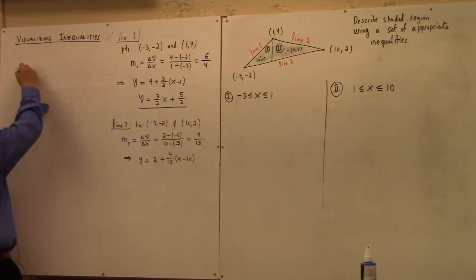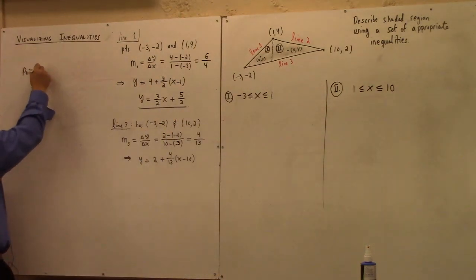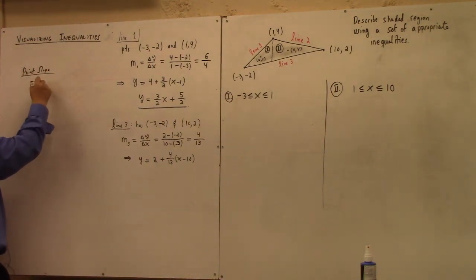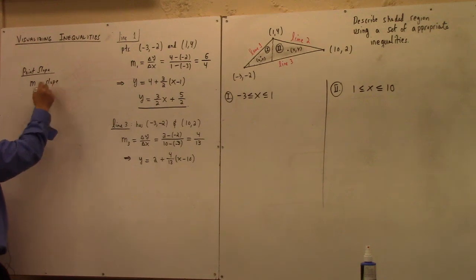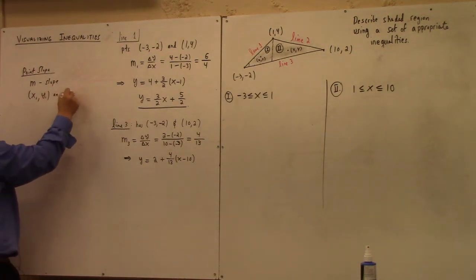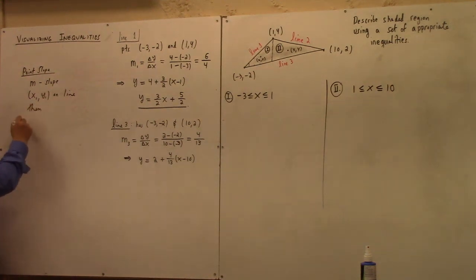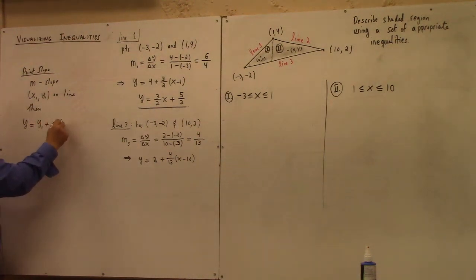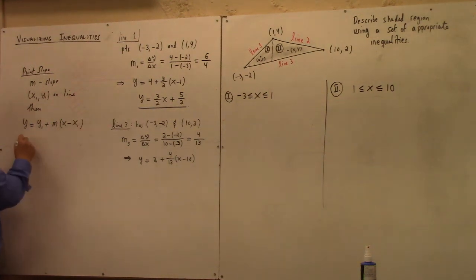I'll remind you, because I suspect that there are some people that are lost as to what I'm doing. So m is slope, the point (x1, y1), then y equals y1 plus m times x minus x1 is the equation of that line.